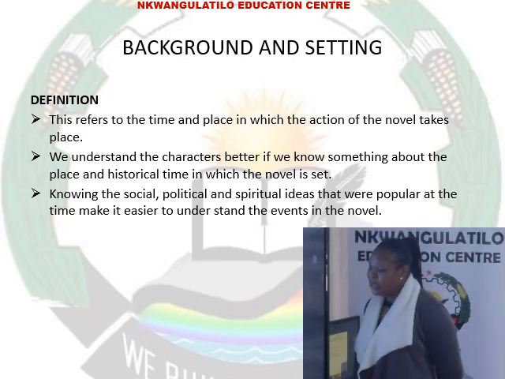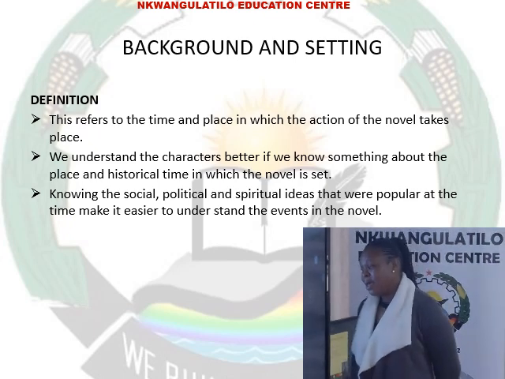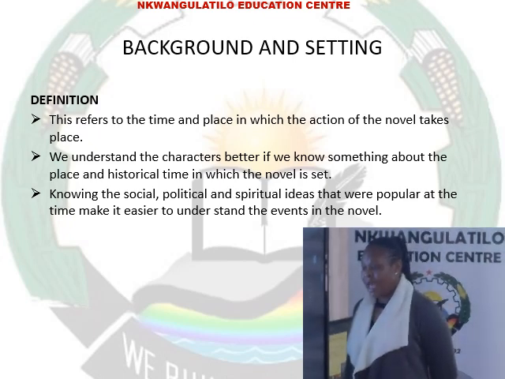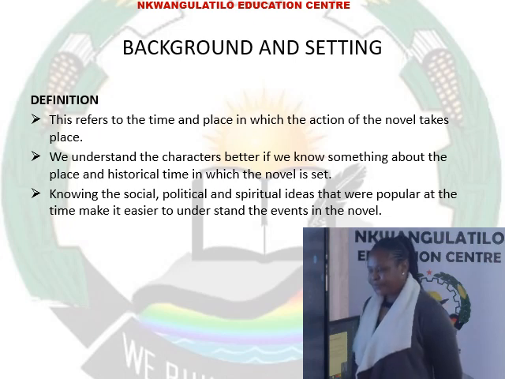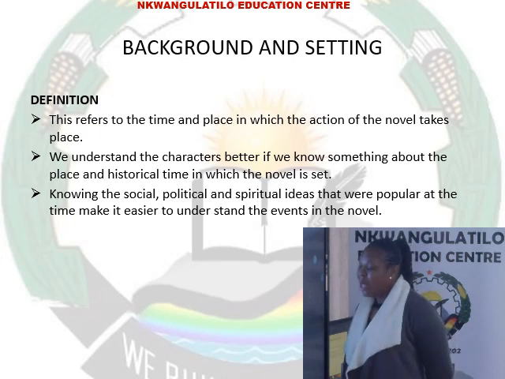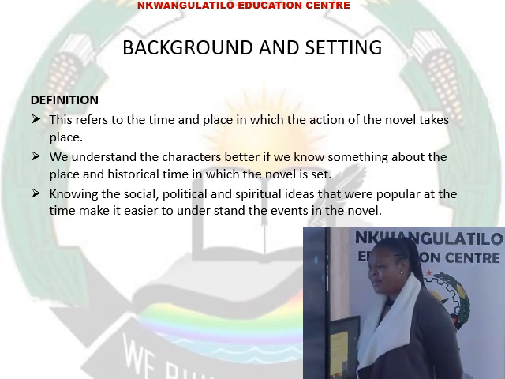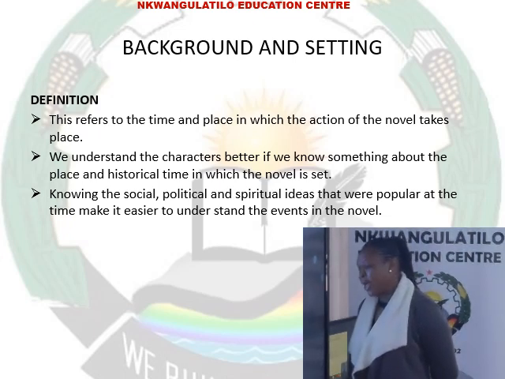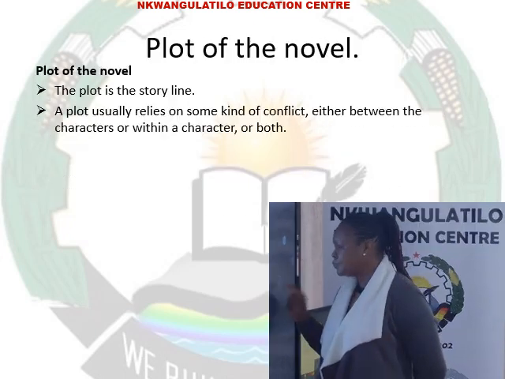Knowing the social, political, and spiritual ideas that were popular at this time makes it easier to understand the events in the novel. So if you know the social norms, spiritual ideas, political ideas, and the different beliefs that people had at that time, it will help you understand the novel better.